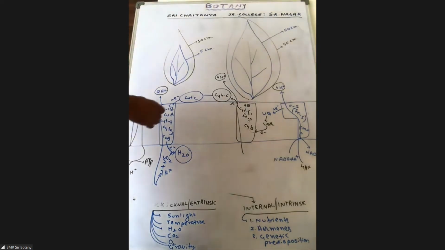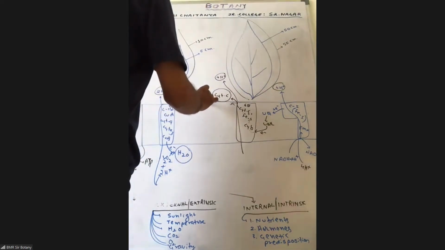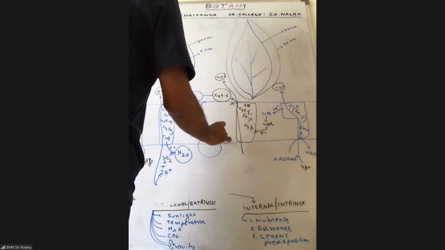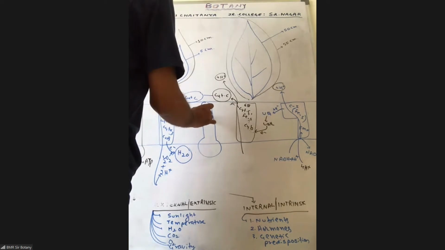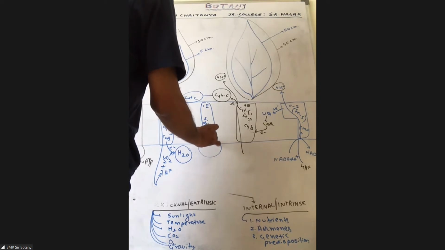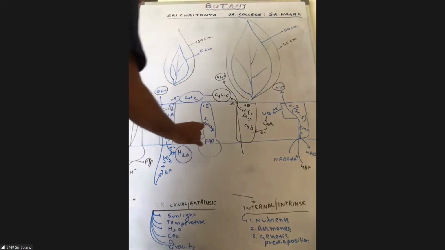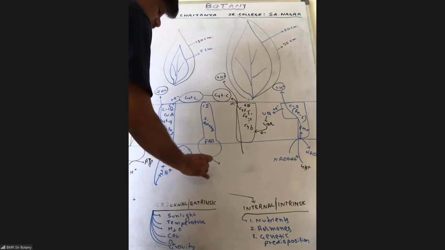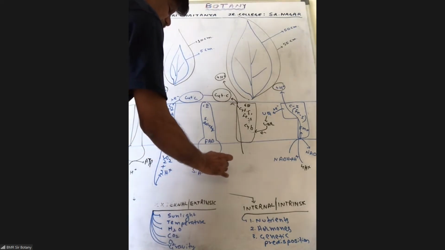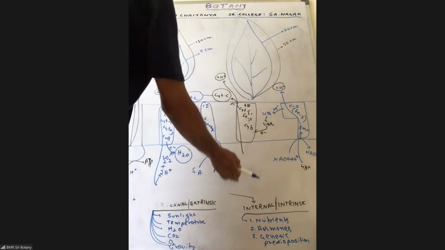If FADH2 is the substrate, which is part of complex 2, nothing but succinic dehydrogenase, it is associated with FAD. When it oxidizes succinic acid into fumaric acid, this was the only enzyme of the TCA cycle not freely present in the matrix.